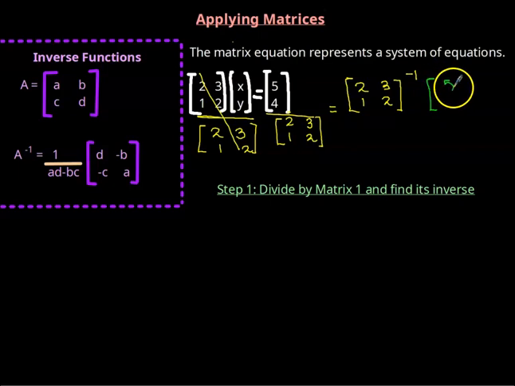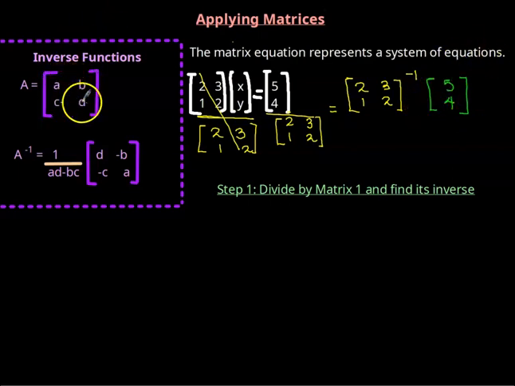Not that you have to remember that, but just showing the proof here. So notice that all I'm doing is dividing by matrix 1 and finding its inverse. So I have to find this inverse first before I can start multiplying.